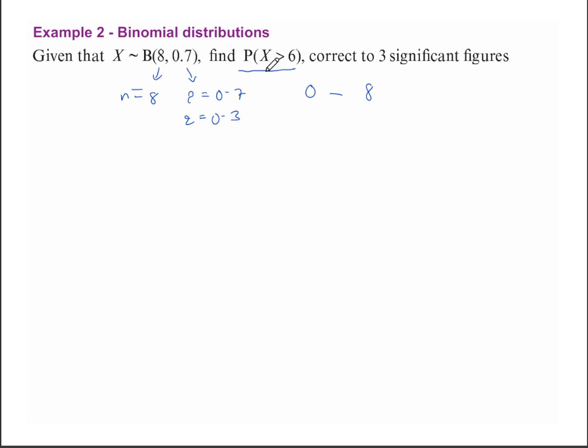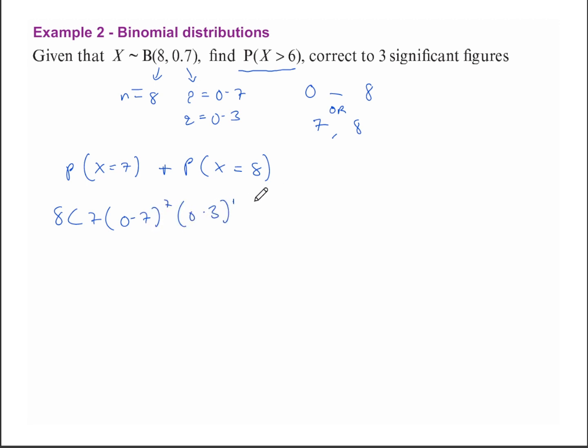And because you want your successes to be more than 6, we can either have 7 successes or we can have 8 successes. Remember what I said, 7 or 8 successes, right? So we want P of x equal to 7 plus, because we have or, the probability of x equal to 8. This is just going to be 8c7, 0.7 power 7, and 0.3 power 1.